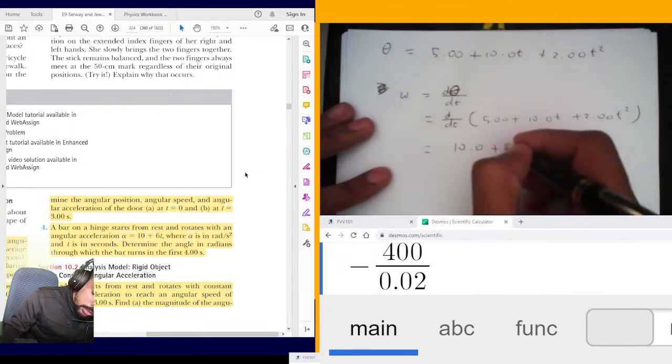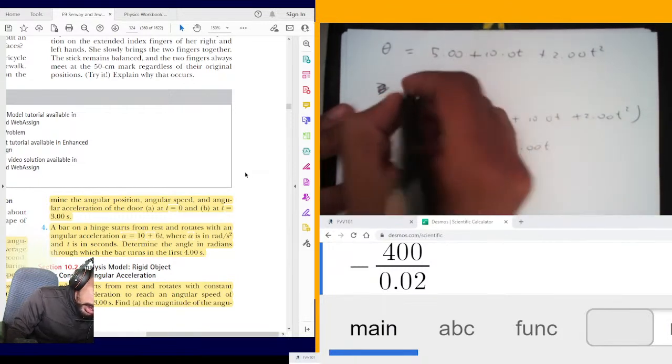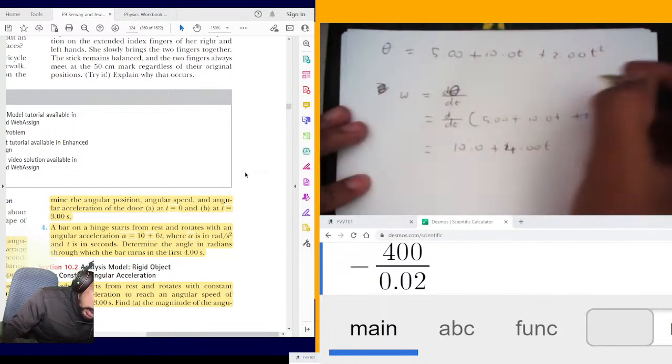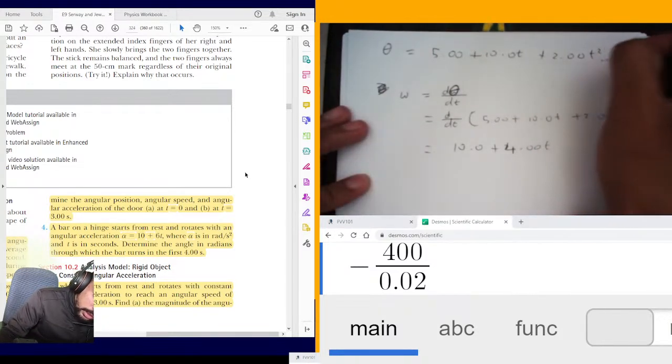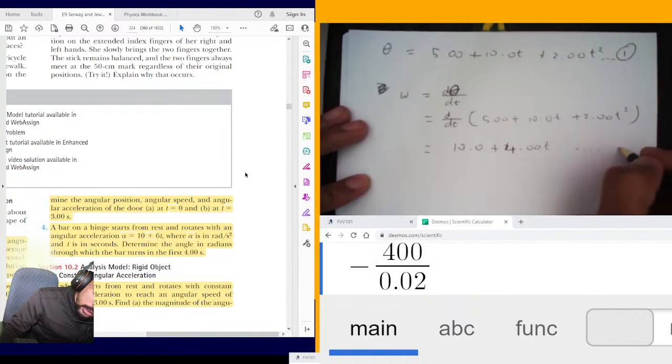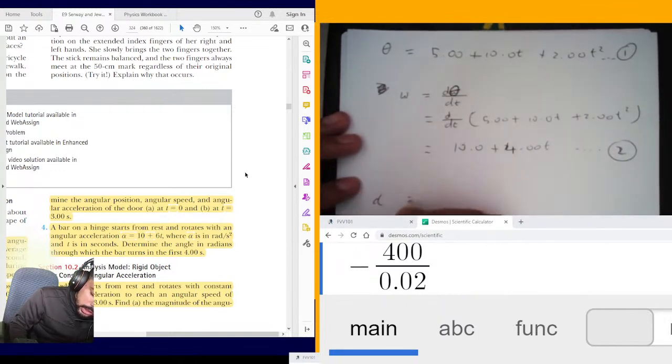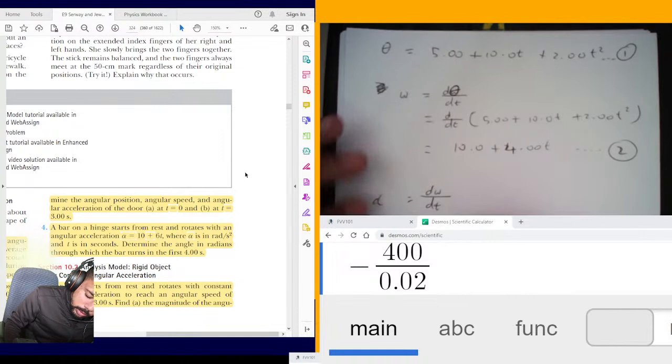So there we have a formula for the angular position and a formula for the angular speed. Now for the angular acceleration, alpha is d omega dt, which is d dt of 10 plus 4t.